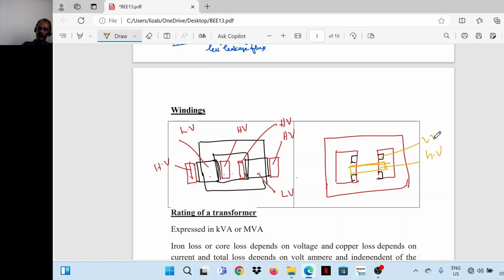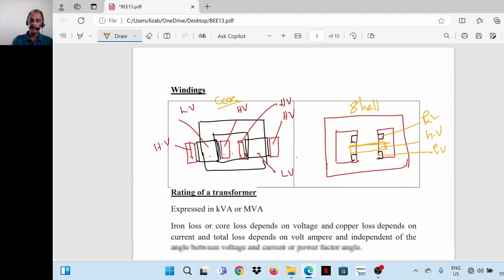HV, LV is also LV. So other types of constructions are also used for shell type transformers. That means a bit different types of designs are used for shell type transformers.